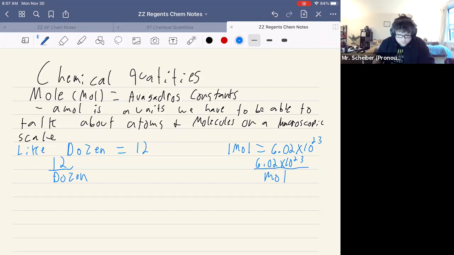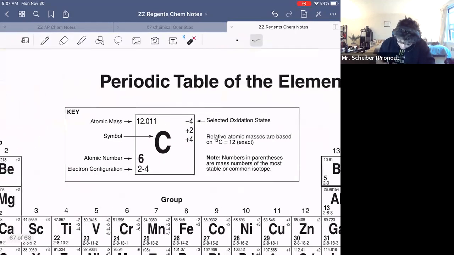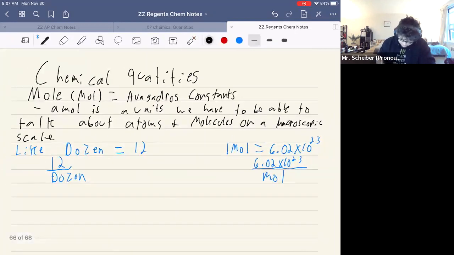Now, let's actually talk about where that number came from, because it actually wasn't just some arbitrary number that we made up. So if we look at our reference table, we can see that the mass of carbon is 12.011 AMU, atomic mass units, for a carbon atom.